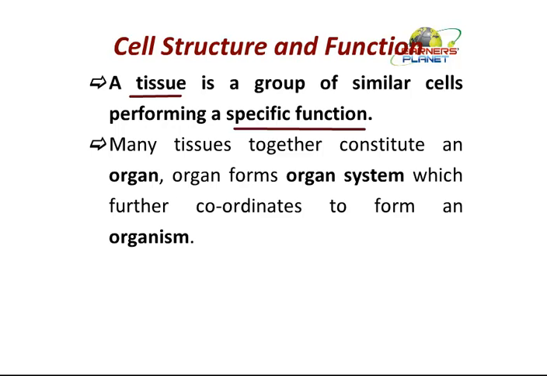Such a group of cells is known as tissue. Many tissues form the organs, organs form the organ system, and all these organized forms of cells, whether tissue, organ or organ system, further form the living organism.